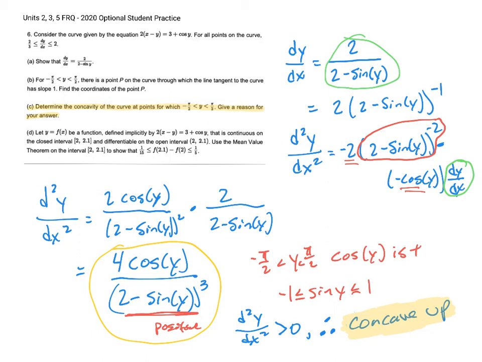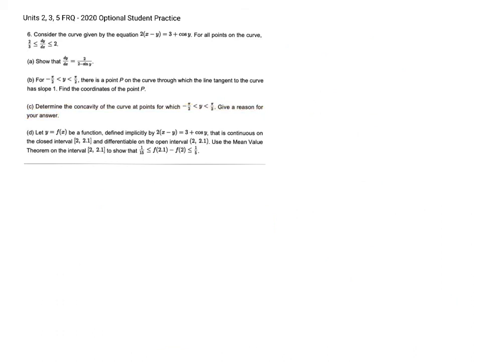Okay, that wraps up part C, and now we just have to attack part D and we'll be done. Part D: let y equal f of x be a function defined implicitly by 2 times the quantity x minus y equals 3 plus cosine y.